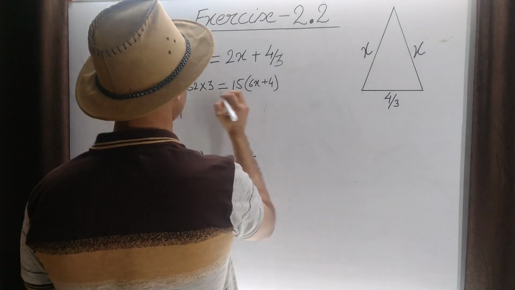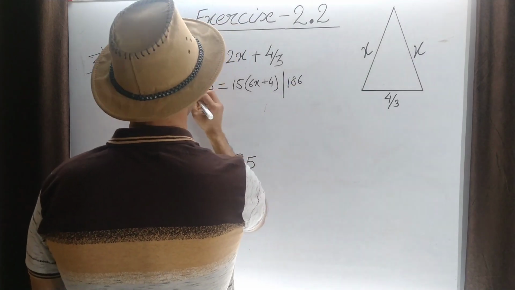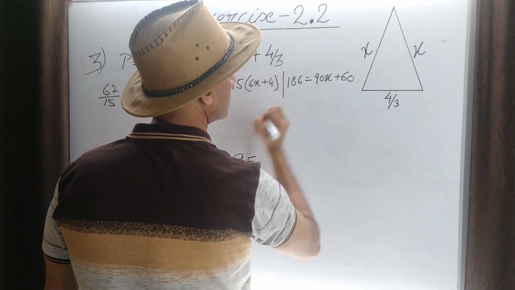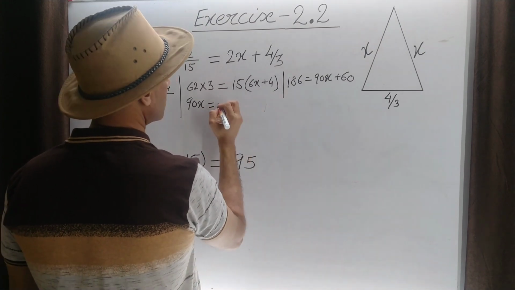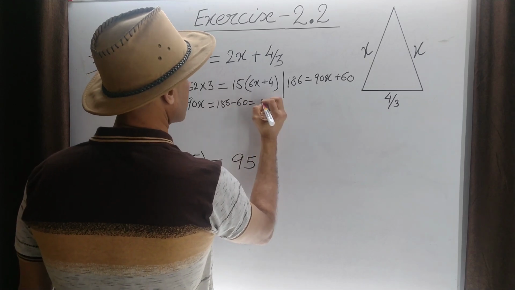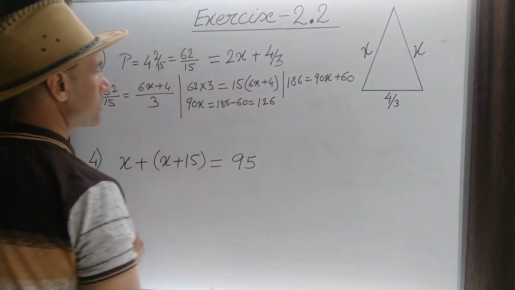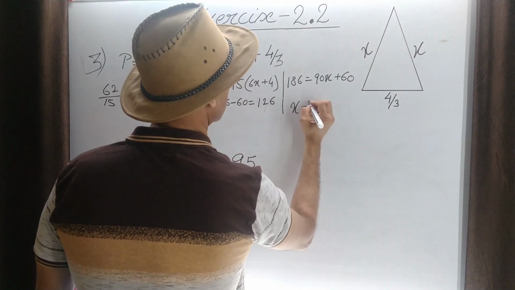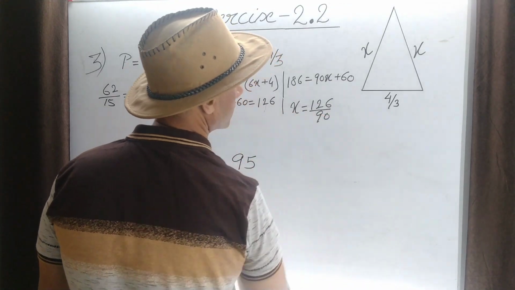This makes 186 is equal to 90x plus 60. So we get 90x is equal to 186 minus 60, that is 126. So we get x is equal to 126 divided by 90.